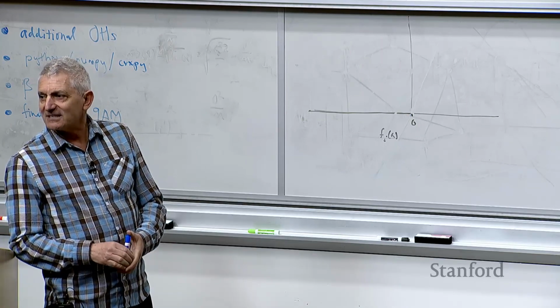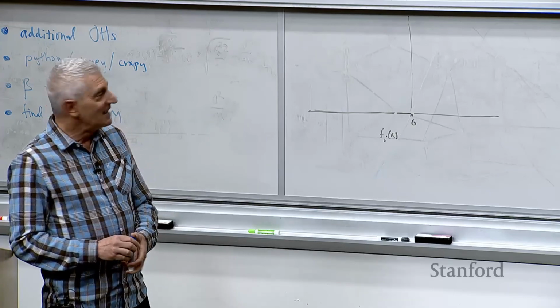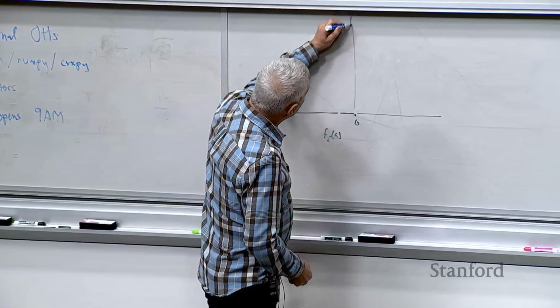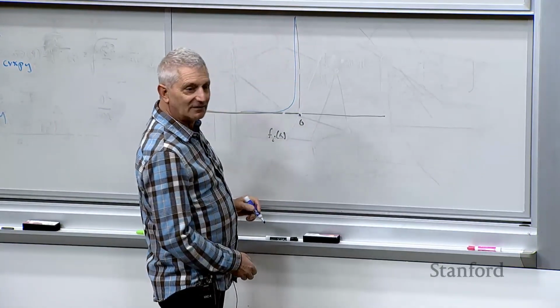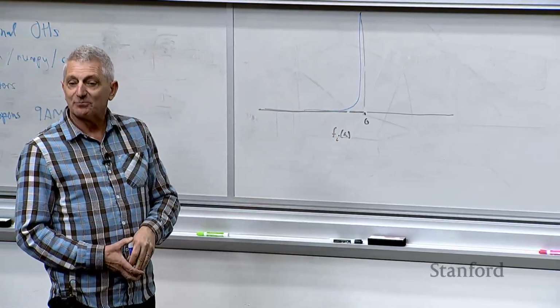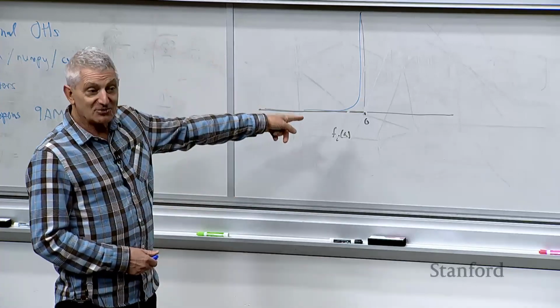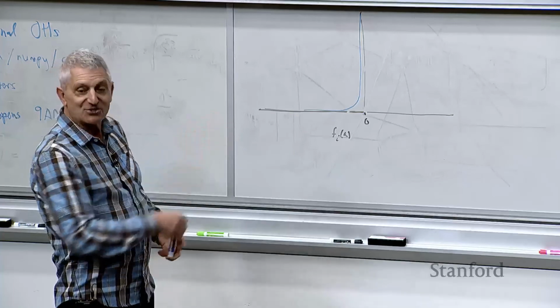Someone would say, it didn't work because you need a smooth function. So you say, fine, I'll make a smooth function that looks roughly like this. It's a barrier function. It's smooth, goes to infinity, and so on. I can apply Newton's method to that. And so that's how we're going to start here.